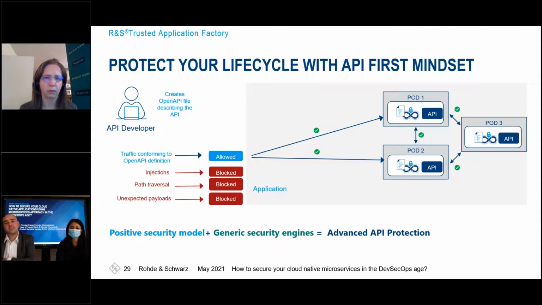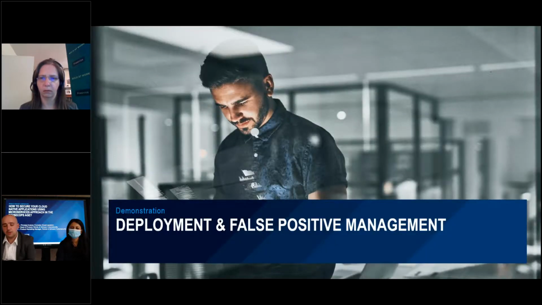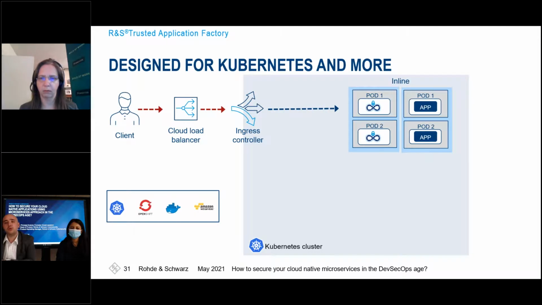So with the same approach, you will be able to protect what you used to protect with the traditional approach, but also all the communication between your microservices. So I will speak a little bit more about the architecture of the product and show you a demonstration.